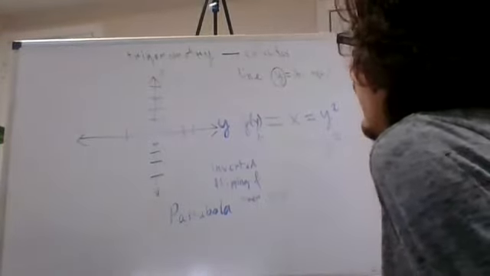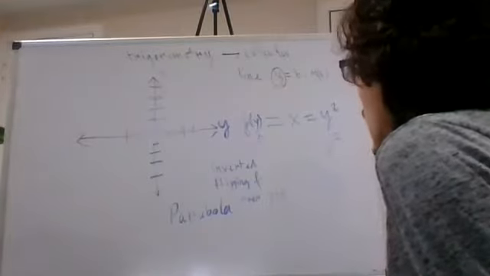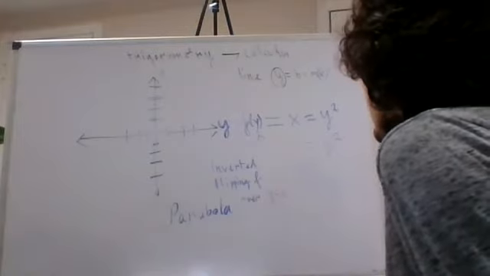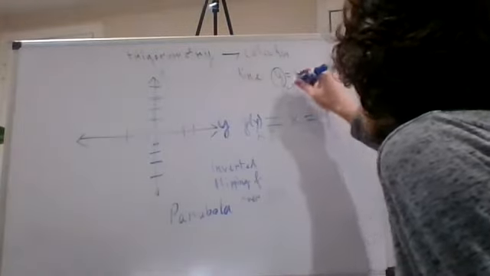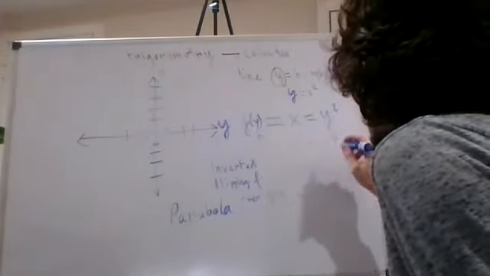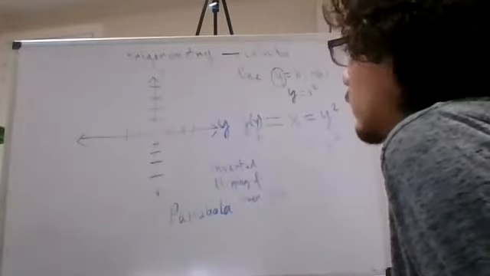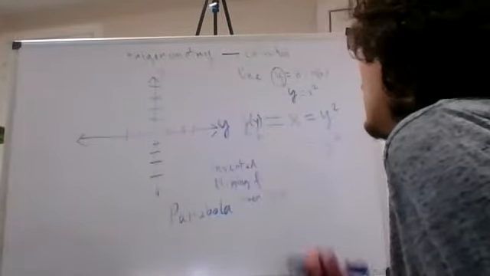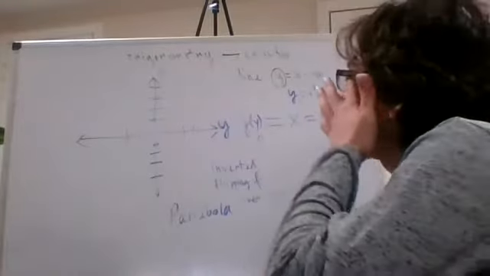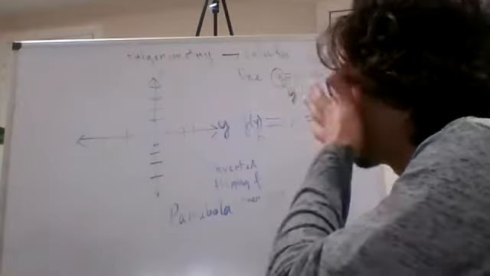So one way we can think about it is that when we inverted the function, we just switched the x and the y. So we said that instead of y equals x squared, we just said that x equals y squared. And what we just did is that we switched the y and the x on the graph. So if we switched everything, then that means it should look the same.